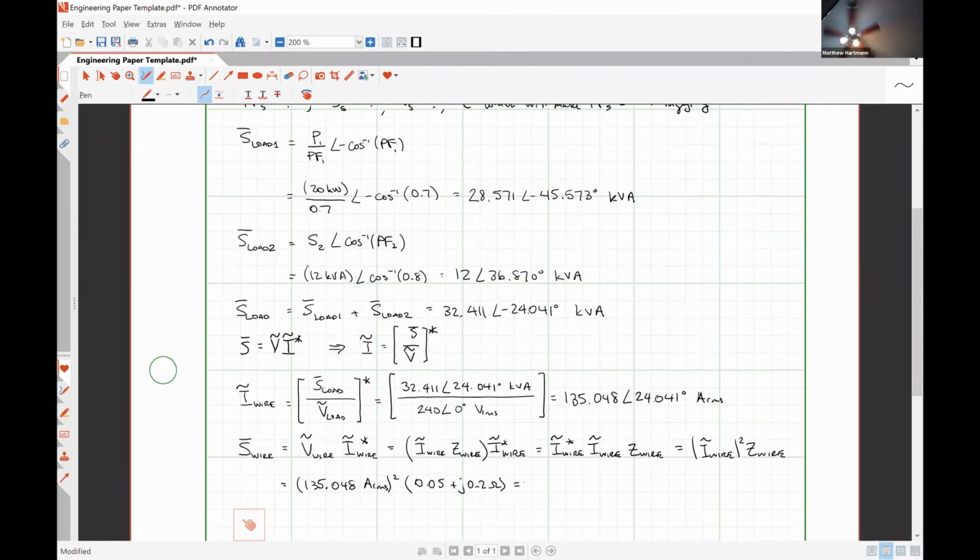And if I perform this math, I get 3.760 angle positive 75.964 degrees kilovolt amperes.